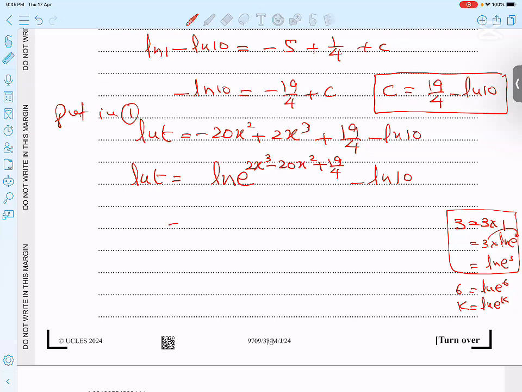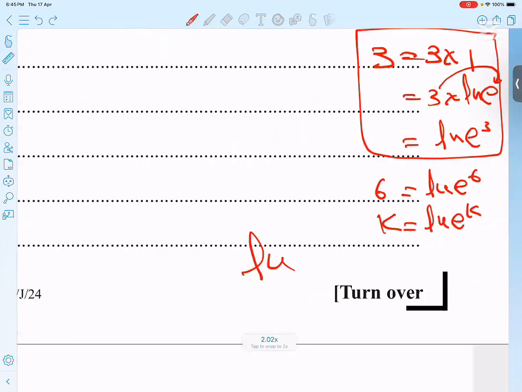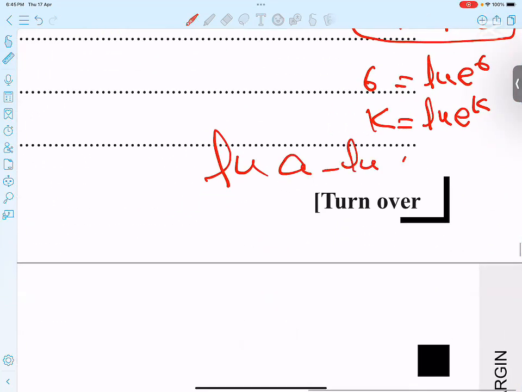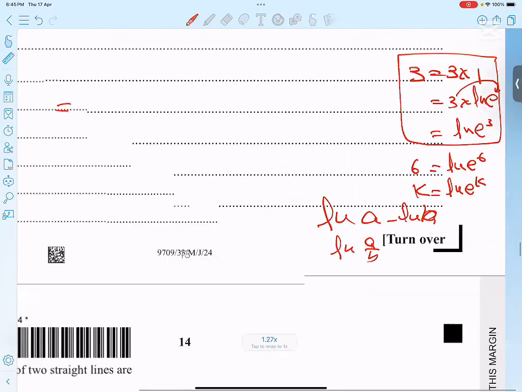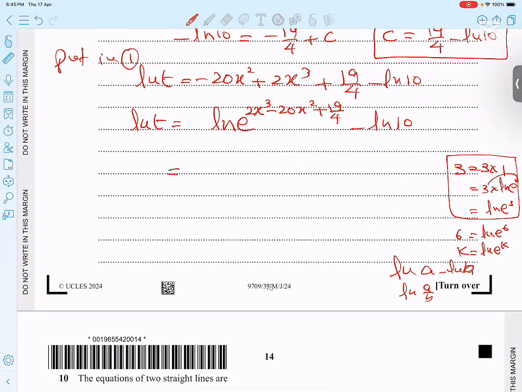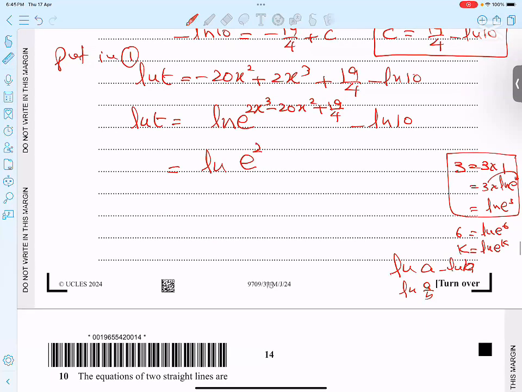I just write it separately. And by the log property, whenever we have log of a minus log of b, I write log of a over b. It means this and this will divide. So I can write here log of e to power 2x cubed minus 20x square plus 19 over 4, and 10 will go in the denominator.